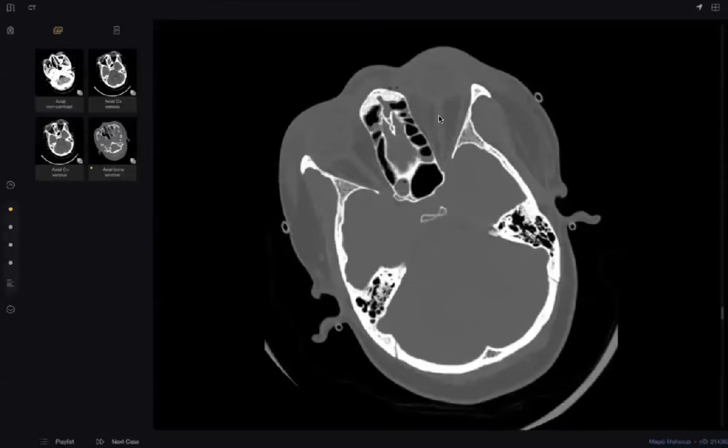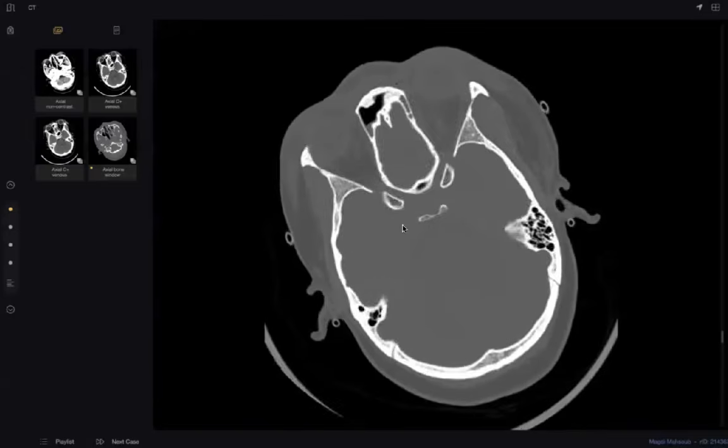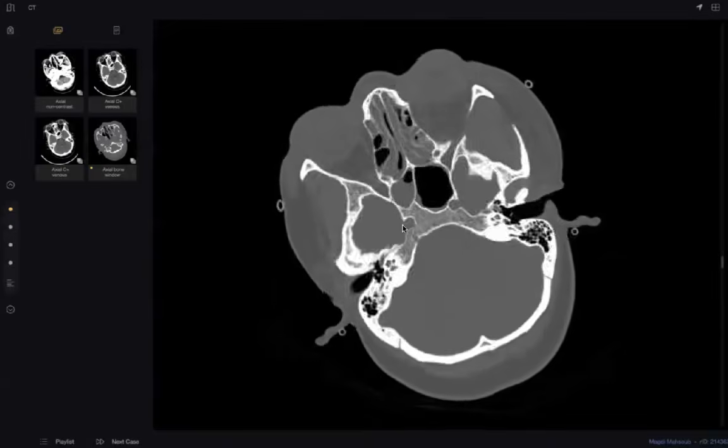It was diagnosed as cellulitis here, periseptal cellulitis. So early picking up of invasive fungal sinusitis is life-saving.